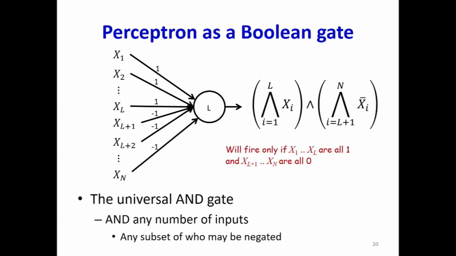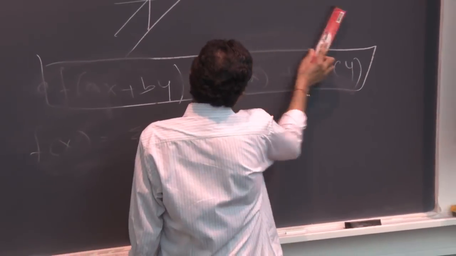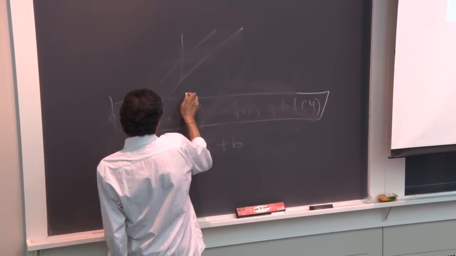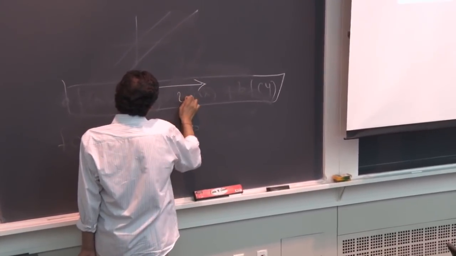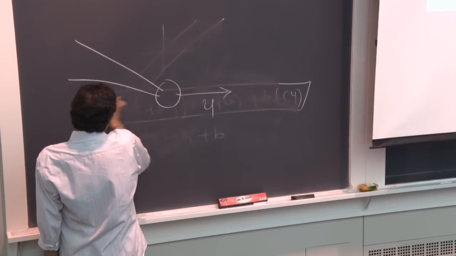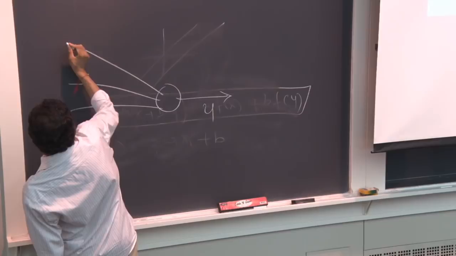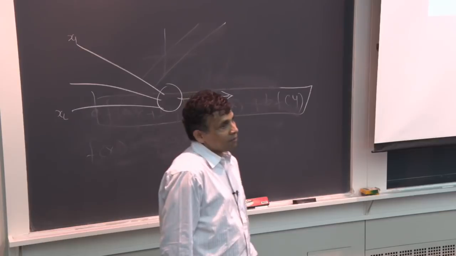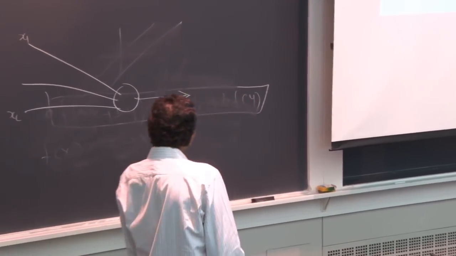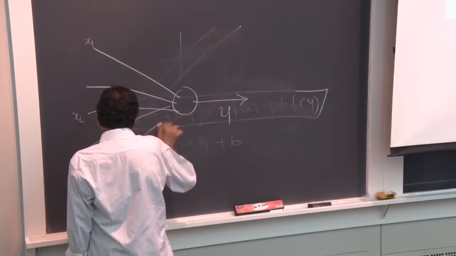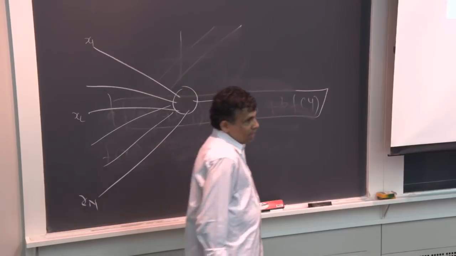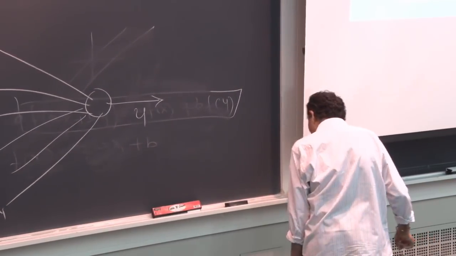So consider this one. This is what I will call a universal AND. I want a perceptron with output Y, where the first L inputs, x1 through xL, should all have the value 1, and the subsequent inputs, L plus 1 through n, should all be 0.